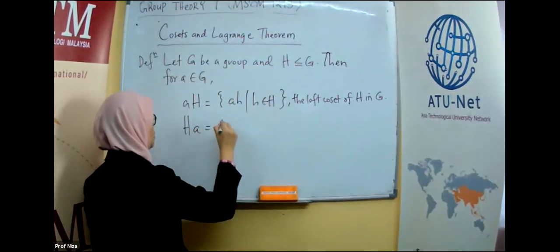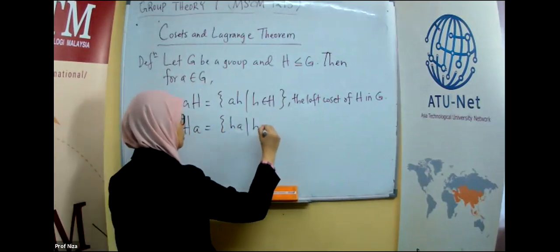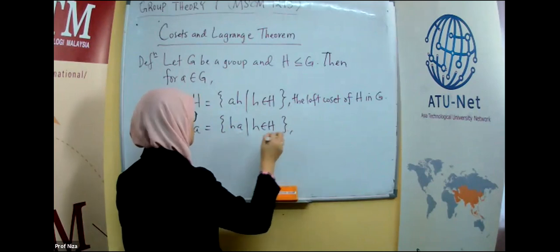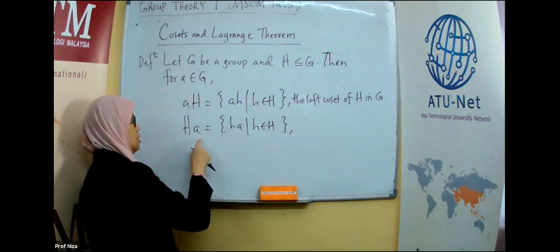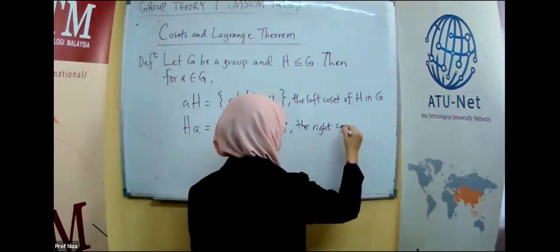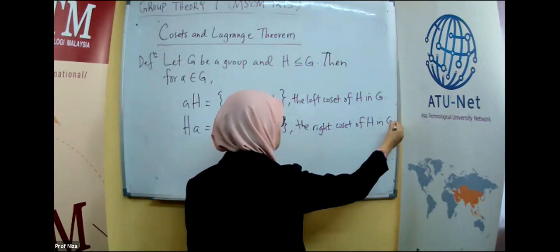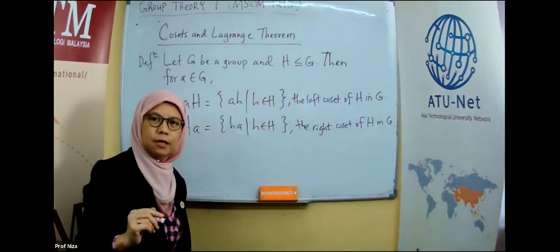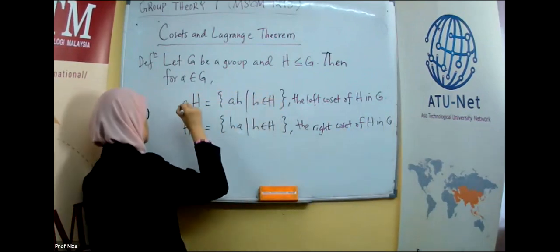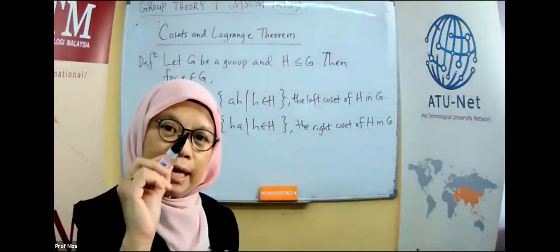Ha is h times a. And this is, because a is on the right, the right coset of H in G. Okay, and there is a dot here if the operation is plus.